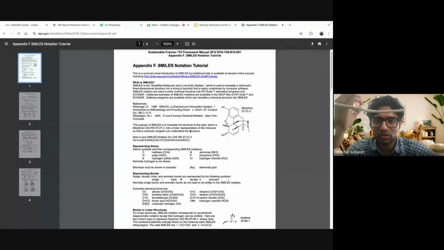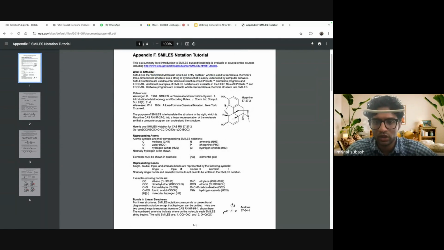So SMILES notation for a certain chemical compound. You can see that this is morphine, and the SMILES notation for morphine is this.